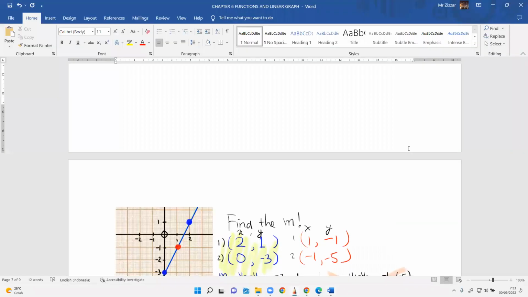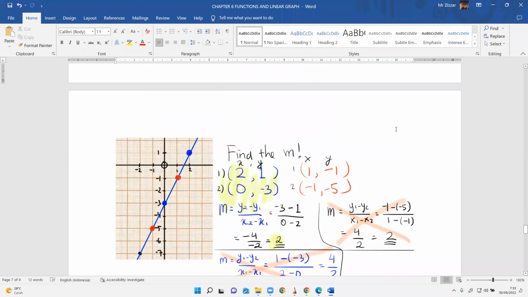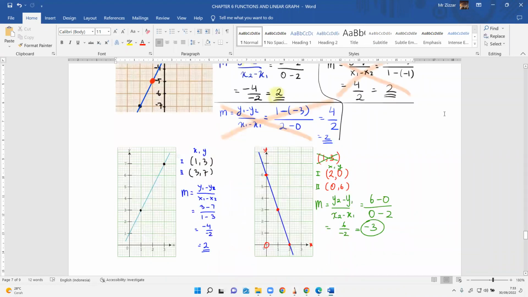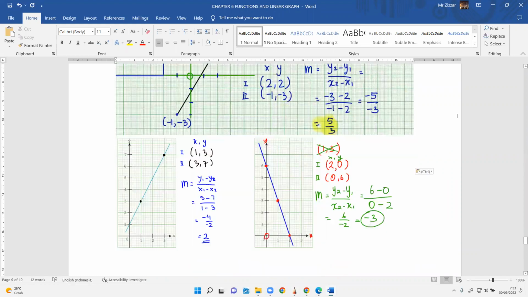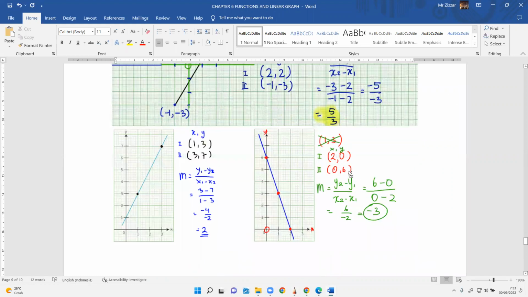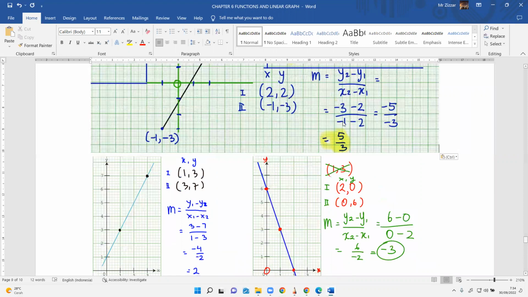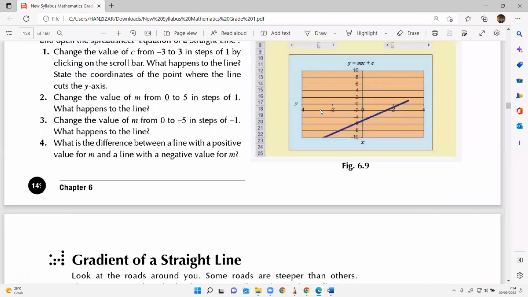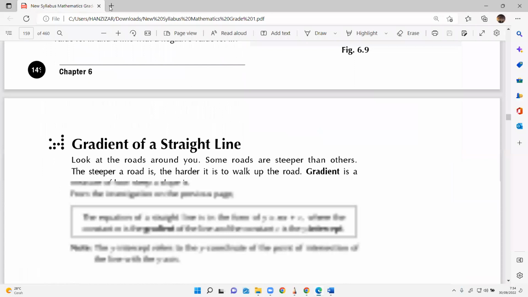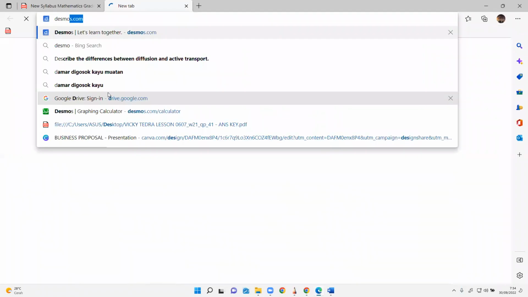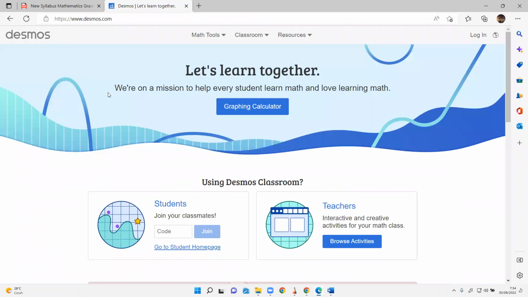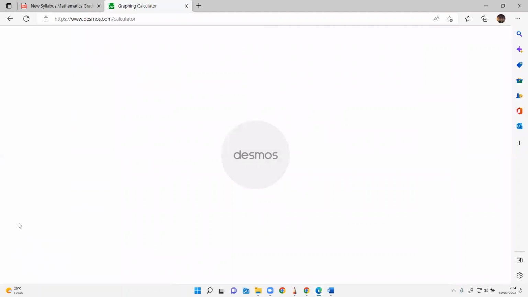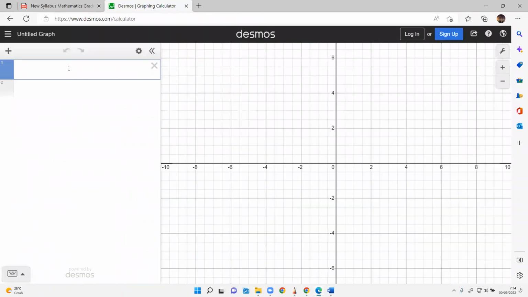Next, let's find the value. I'll show you how to do by using Desmos. Look carefully. I use the graphing calculator so you can see this clearly.